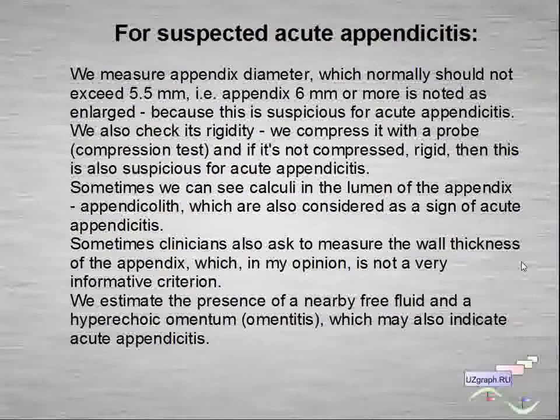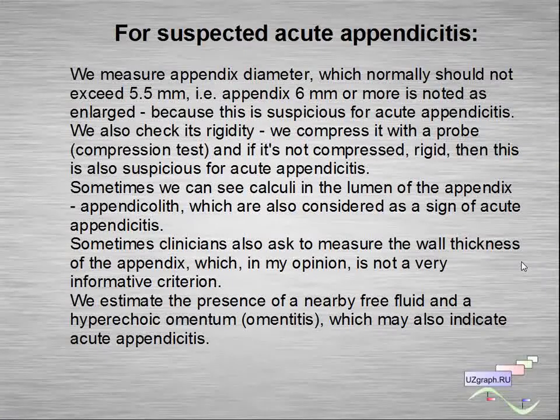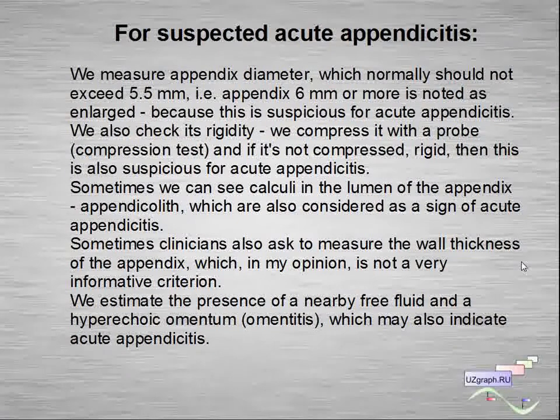For suspected acute appendicitis, we measure the appendix diameter, which normally should not exceed 5.5 millimeters. An appendix of 6 millimeters or more is noted as enlarged because this is suspicious for acute appendicitis. We also check its rigidity. We compress it with a probe, the compression test, and if it's not compressed or rigid, then this is also suspicious for acute appendicitis.